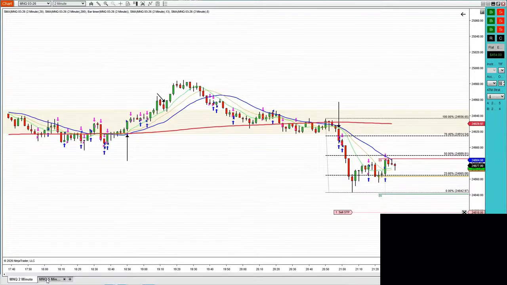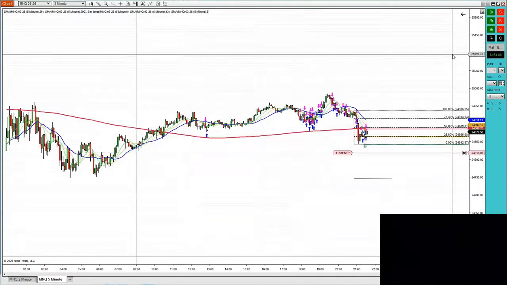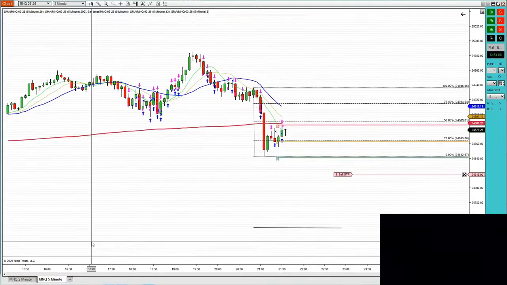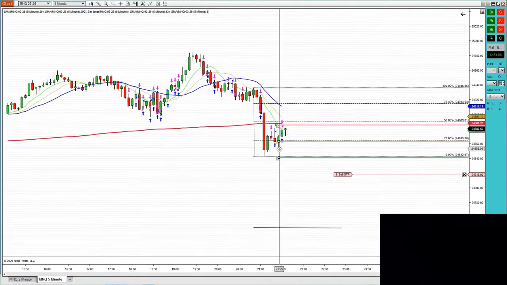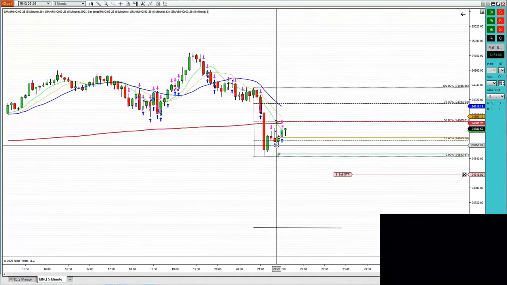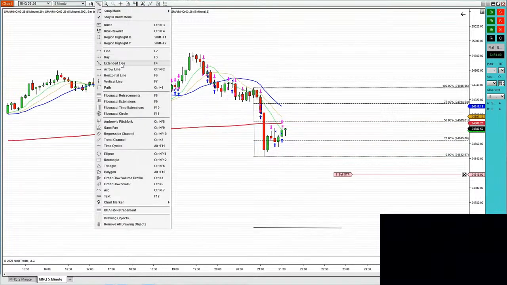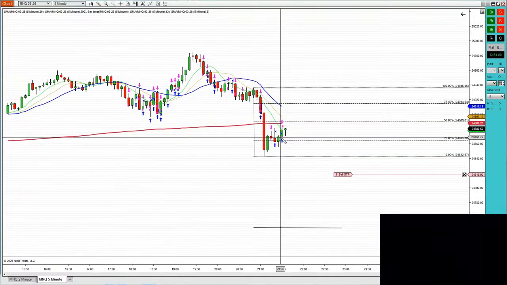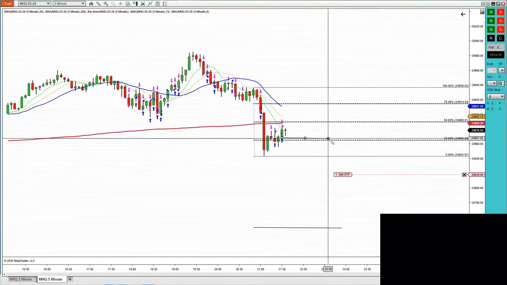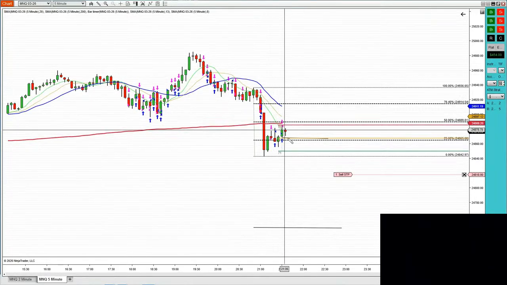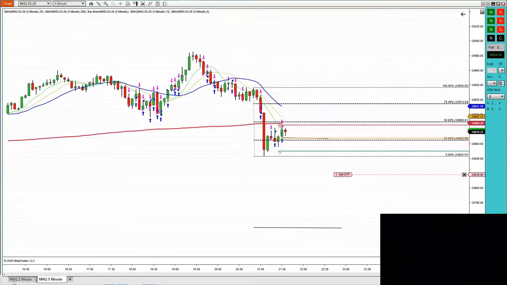Let me check the other charts and see if there's any targets. Even that there would be a 5-minute entry, and then you can use a 5-minute stop loss and go something like that.